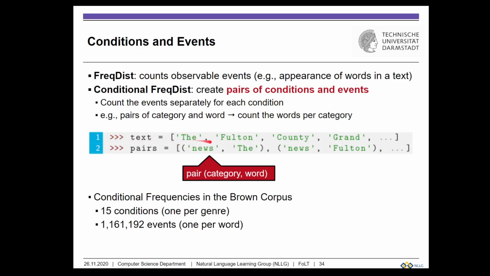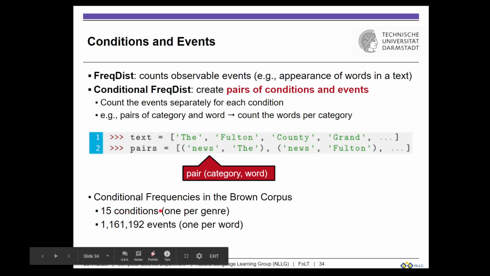Let's say this text is from the news corpus, so we would feed in news here. In our concrete case of the Brown corpus, we would have 15 conditions because the corpus is labeled across 15 different genres, and we would have 1.2 million events, corresponding to 1.2 million words occurring in the corpus.